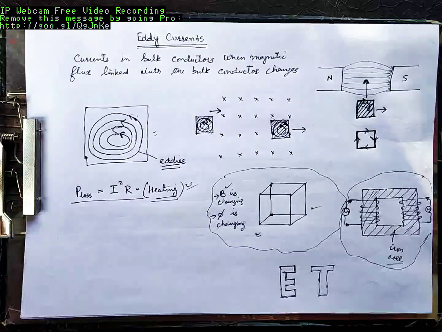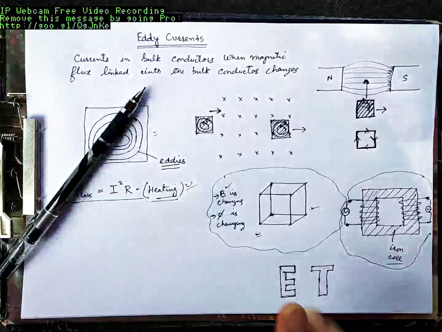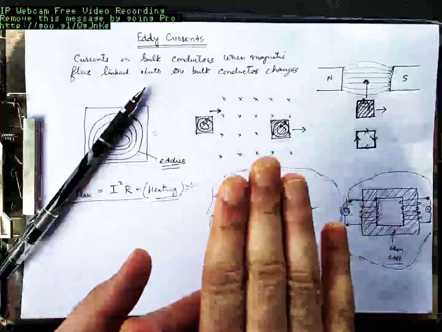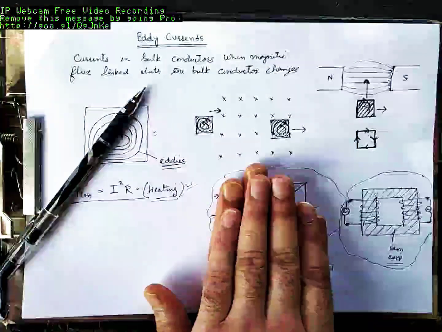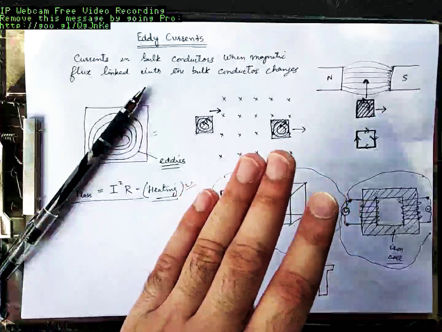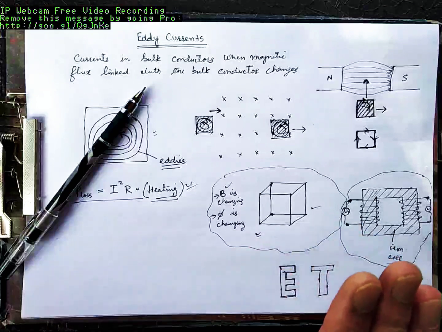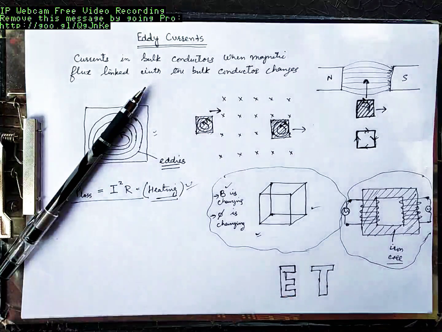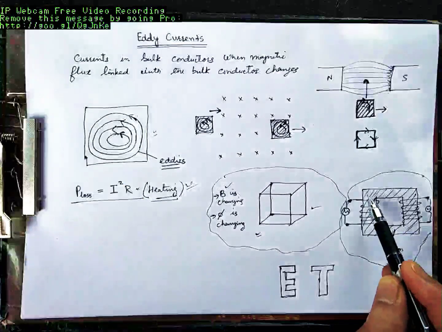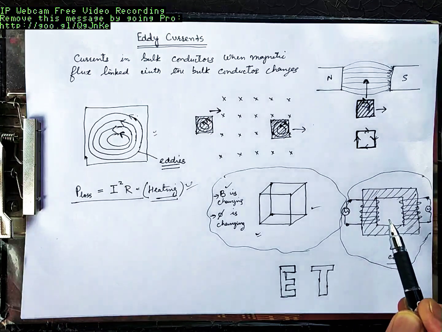So you have one E over here, you laminate this with the lacquer, so this does not conduct now. You keep another E on this, which is also insulated, and another E on this which is also insulated, so you get this material as a whole which cannot conduct current. So in effect, this core in the transformer cannot conduct current.